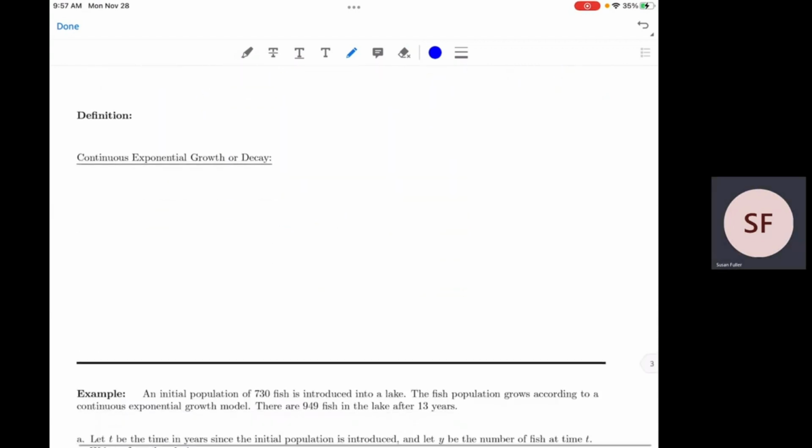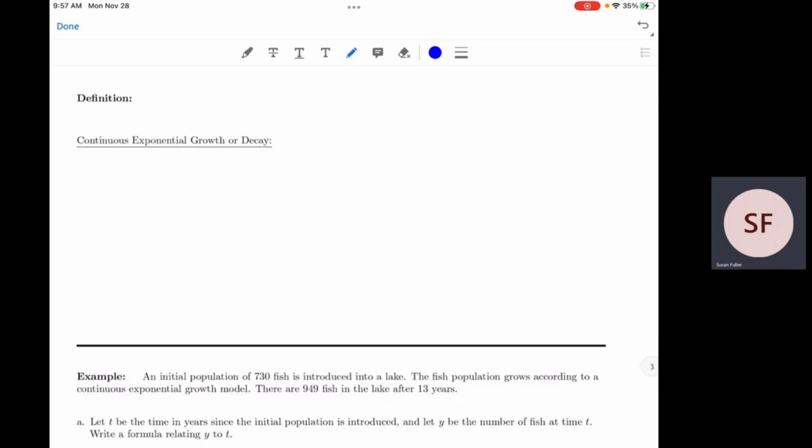And then the very last formula that we'll be dealing with is continuous exponential growth or decay. Continuous means it's always growing. This can be used to measure populations, or it can also be used to measure money. The difference between this and the compound interest formula is that with compound interest, interest is calculated and added a certain number of times each year.